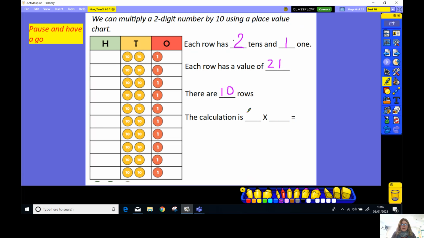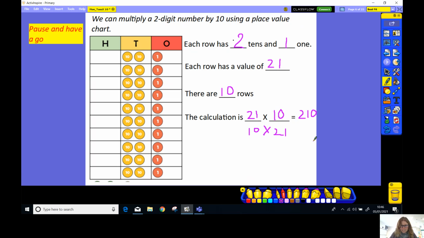So the calculation that I have is 21 times 10. You could also have written 10 times 21. Now the answer to that I know because 20 times 10 equals 200 and 1 times 10 equals 10. So my answer is going to be 210.